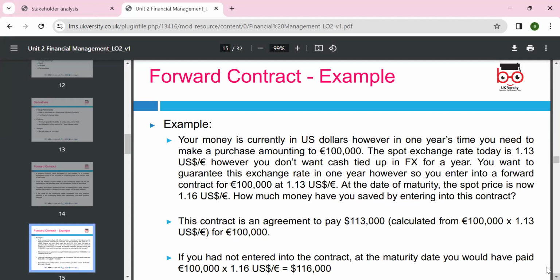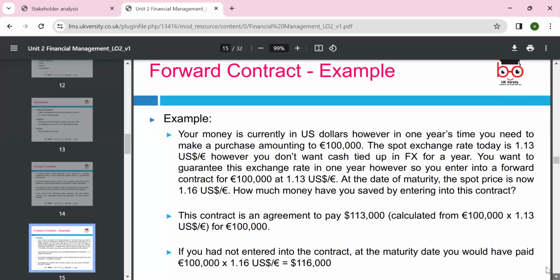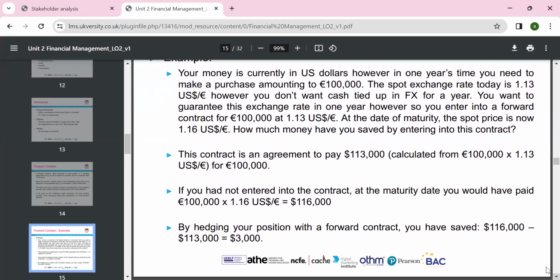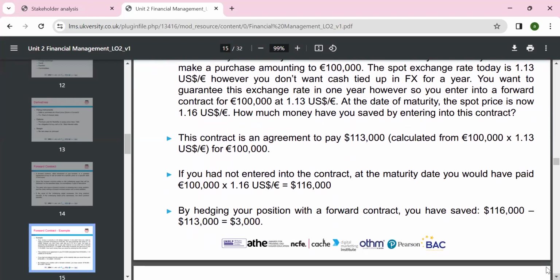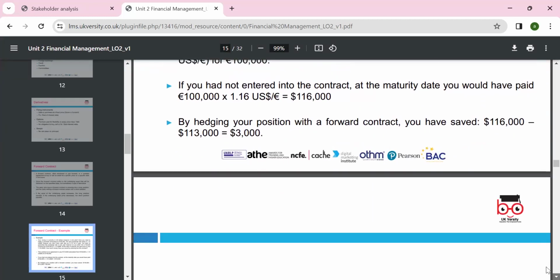You want to guarantee that exchange rate for one year. So you enter into a forward contract for 100,000 at 1.13 US dollars. At the date of maturity, the spot price is 1.16. How much money have you saved? The difference between these two figures. You have saved money because of the forward contract. You would have had to pay 116,000 instead of 113,000, so you saved 3,000.